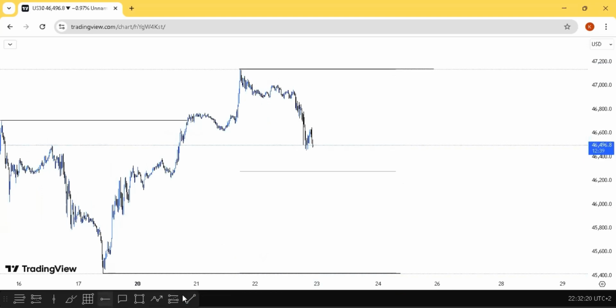Here we have a break of structure. Even if the market comes here and tries to buy, don't fall into it and say you're buying and holding long term, because the market is going to eventually come down.